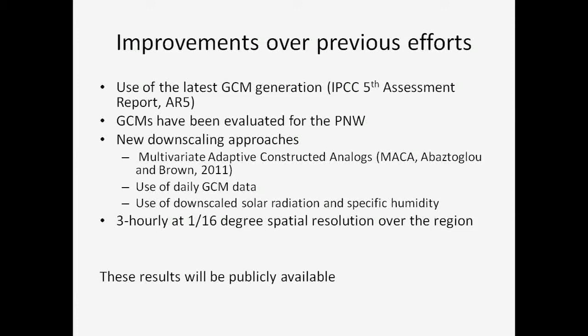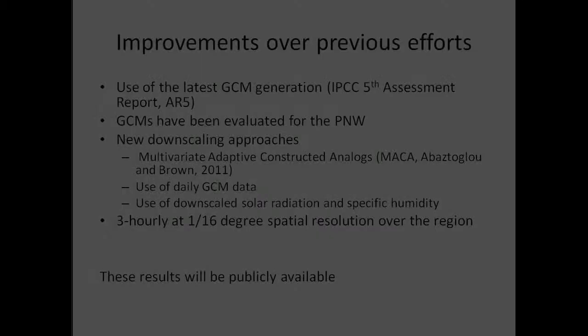In the past, monthly data was archived from the GCMs, but now daily data is available, so we're using that data in our simulations. And we're also using downscaled solar radiation and specific humidity. These two variables before were estimated from precipitation, the daily temperature range, and minimum precipitation, and now we're using them directly downscaled from the GCM models.